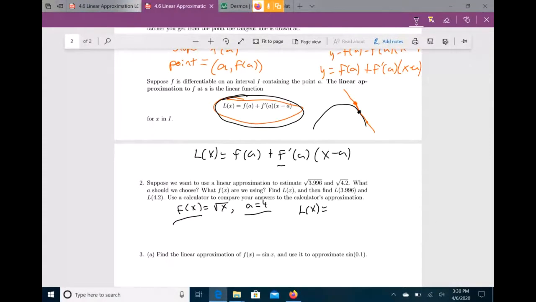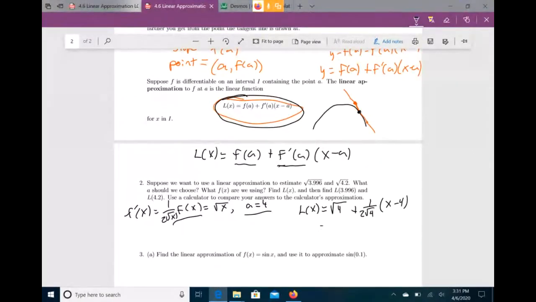So L of x: the first term is f of a. Our function is the square root function, and the point we're approximating near is 4. So it'll be square root of 4, plus f prime of a. f prime of x is 1 over 2 square root x, so f prime of a is 1 divided by 2 square root 4, times x minus a, which is x minus 4.